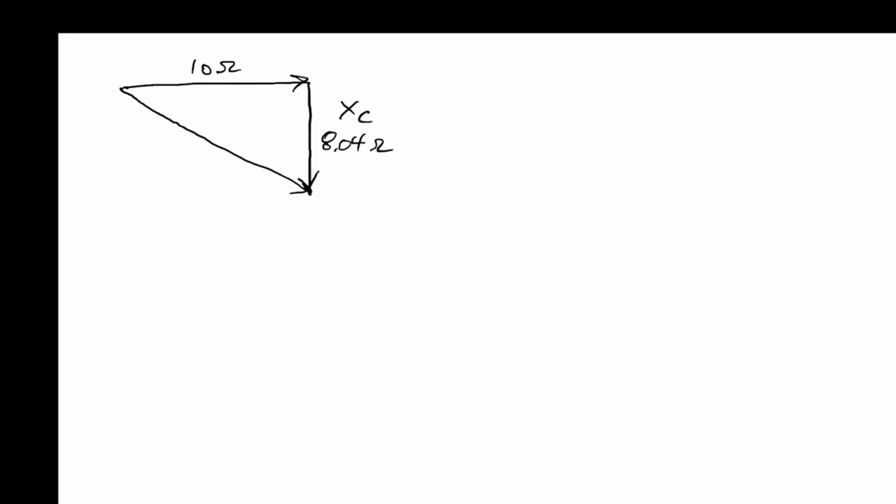So we'll just put the impedance triangle back here again, so there's no confusion. 10 ohms, 8.04 ohms for XC as a minus J component, and then we had 12.83 ohms here and 39 degrees for our angle of impedance. All we need to do is multiply each one of these quantities by our I total value in order to determine their voltages, right?